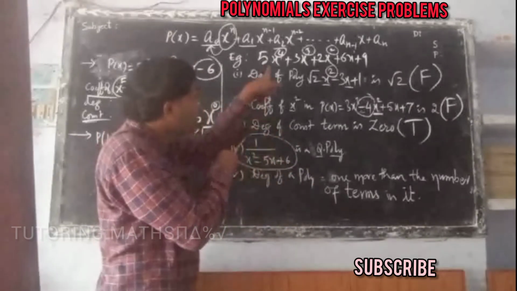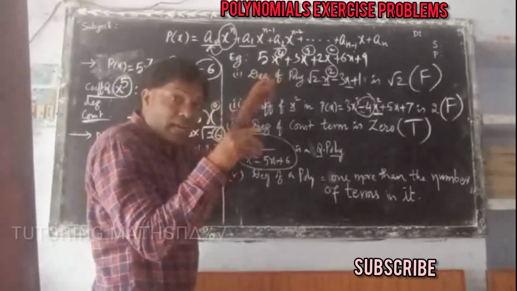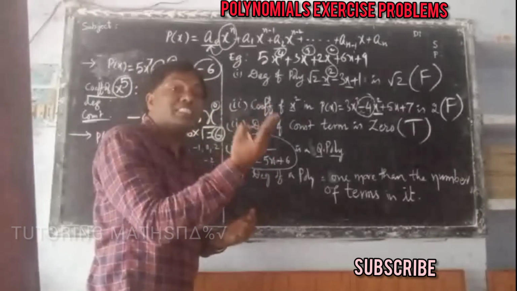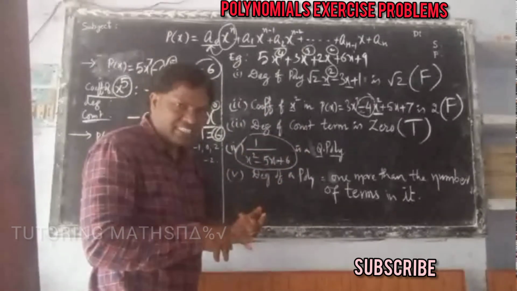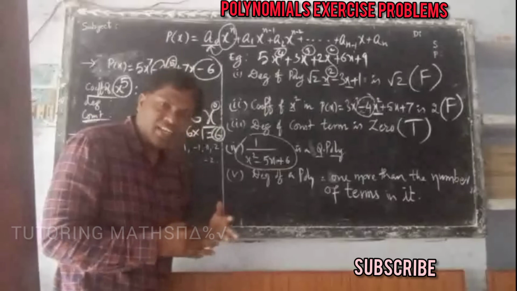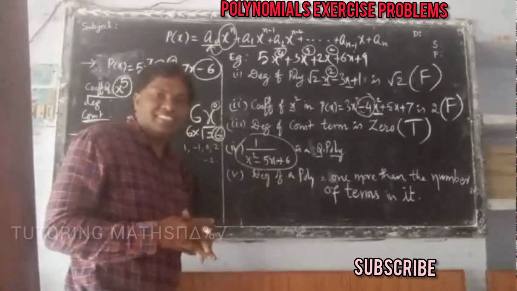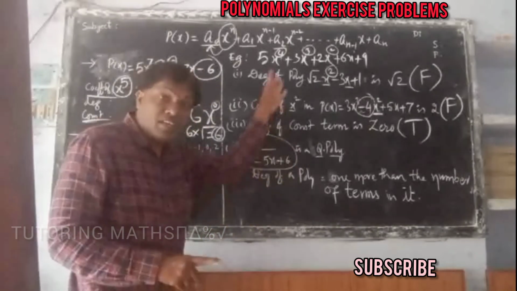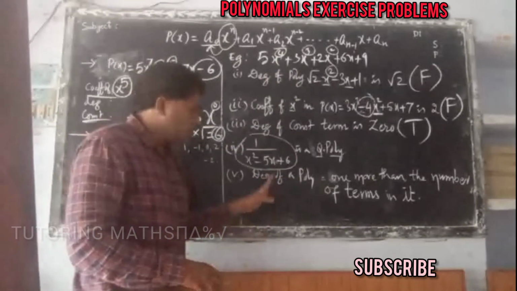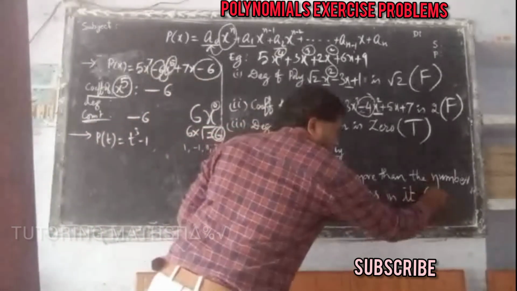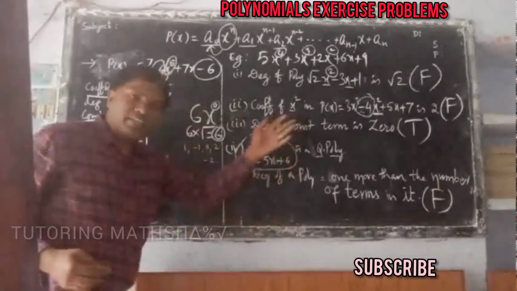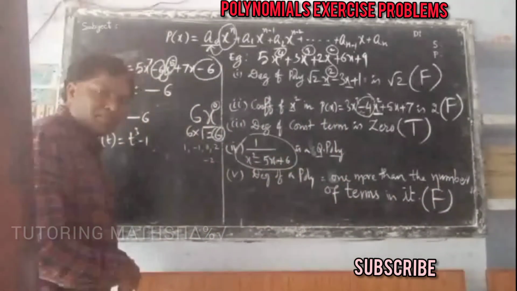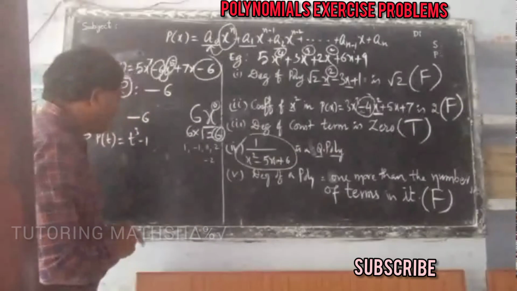Is it right? Is it the definition of degree? No. Already we have discussed. Degree is nothing but the highest exponent of the literal term variable. So this is also absolutely false. That is also false.